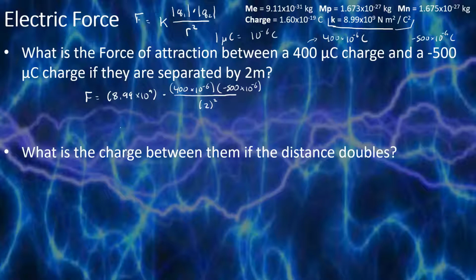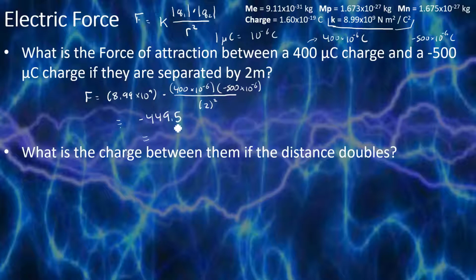And I'm actually not even bothering putting in the absolute value symbols. Those ultimately are not going to matter. We just need to understand our answer. So when I type it in, I get negative 449.5.